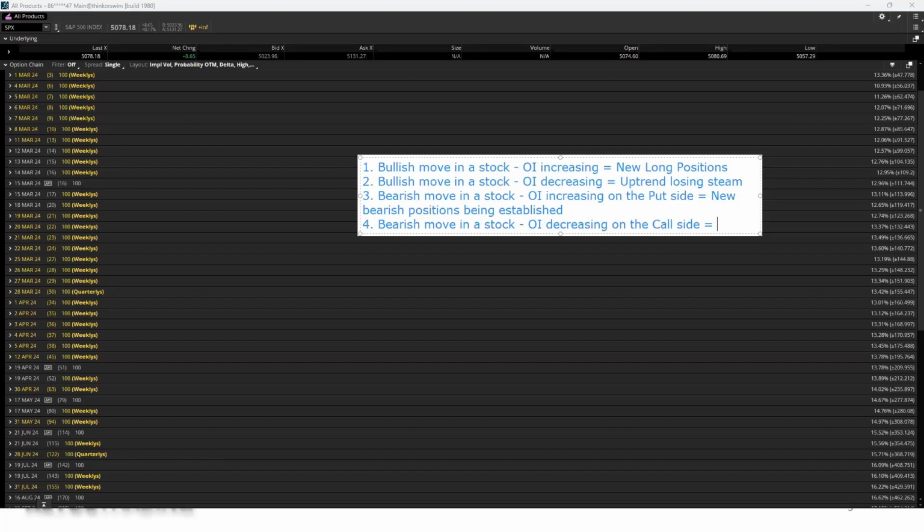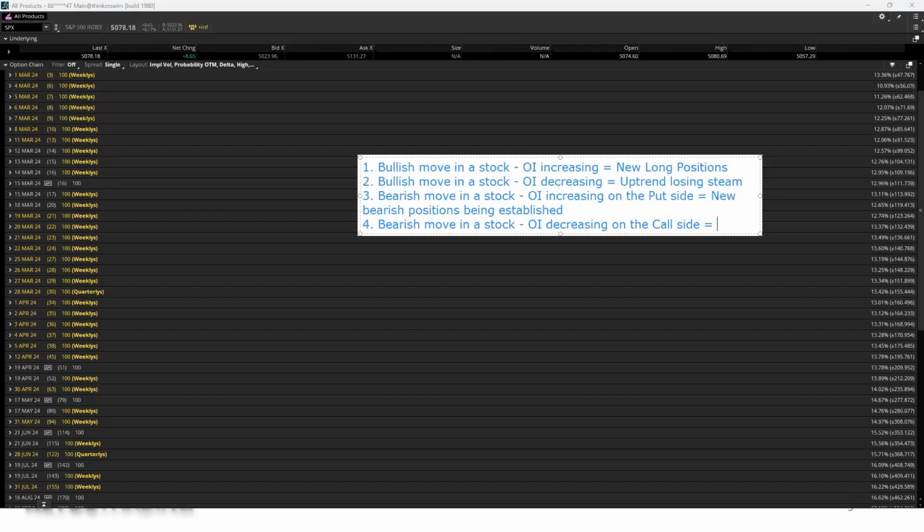That tells us that people who had previously bought call options, meaning they were bullish on that stock, but now the stock's going down, and the call open interest is also going down. That can create a squeeze. So it could be people that had previous open long call positions that are now being forced to close them and take losses. So this is also bearish.